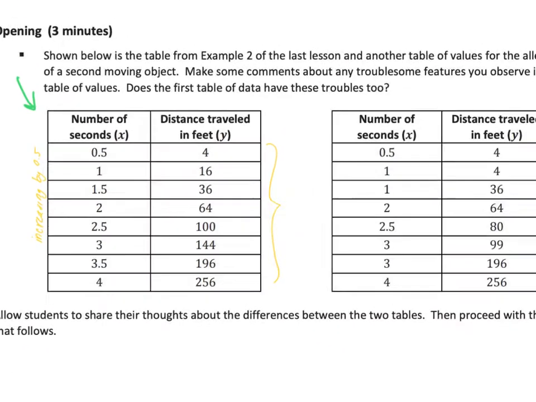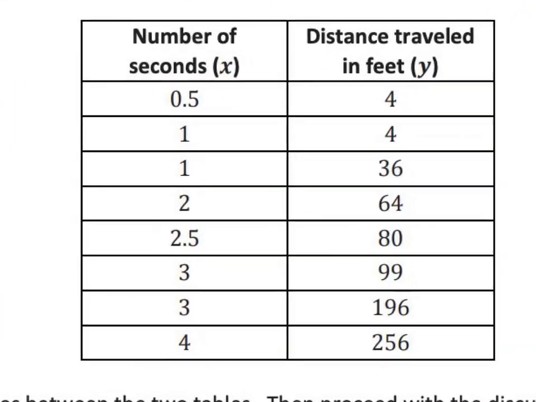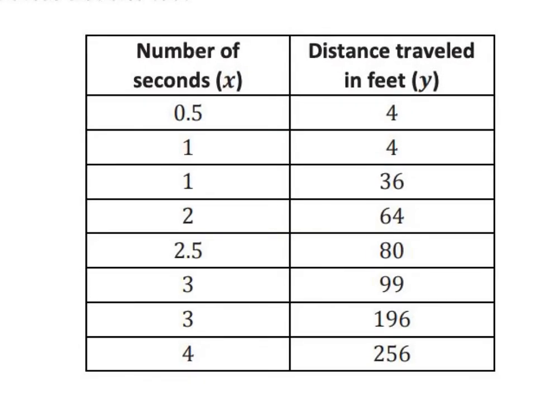So let's look at the second table and see if we see similar things. We have a half, it goes to 4, and then 1 second, it goes to 4 again, and then it says 1 second goes to 36. 2 goes to 64, 2.5 seconds, 80 feet, 3 seconds, it travels 99 feet, but also at 3 seconds, it travels 196 feet. So the troubles you should have noticed here: we're not increasing in even increments, and we have values that are doubled.